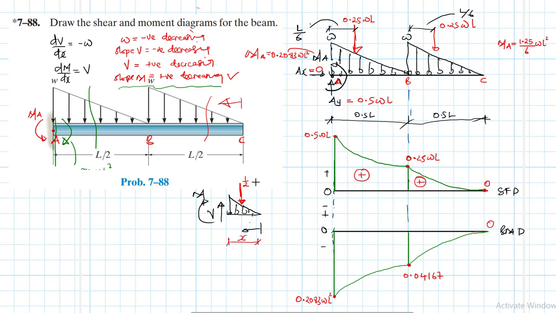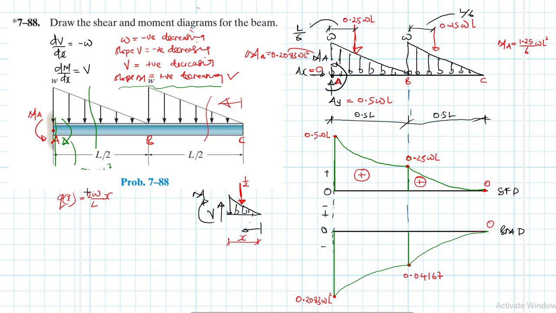The function that governs this, the slope for this function, like we said, is going to be equal to, if we are moving from this direction, you expect this is w divided by L over 2, which is 2L, like so, and then times x.